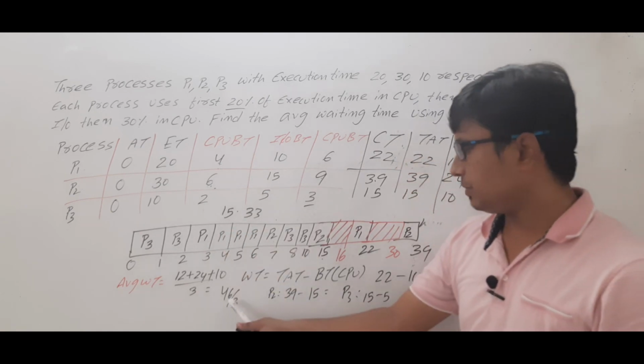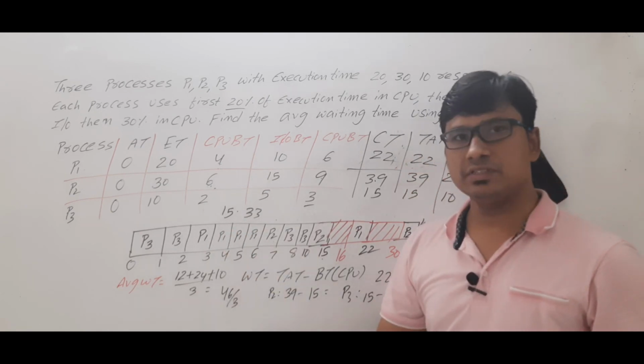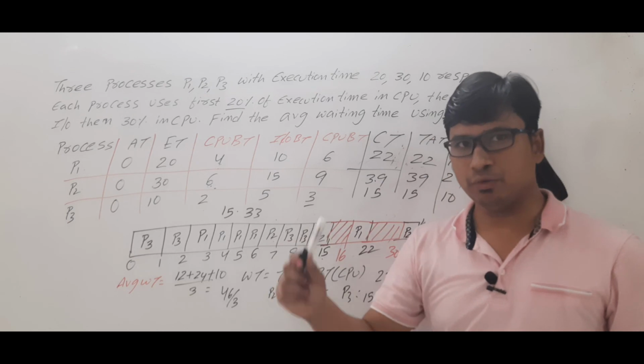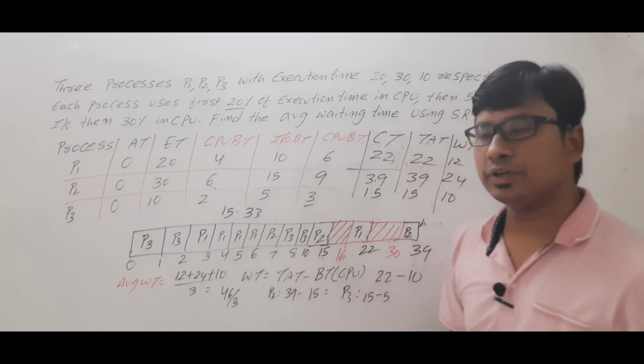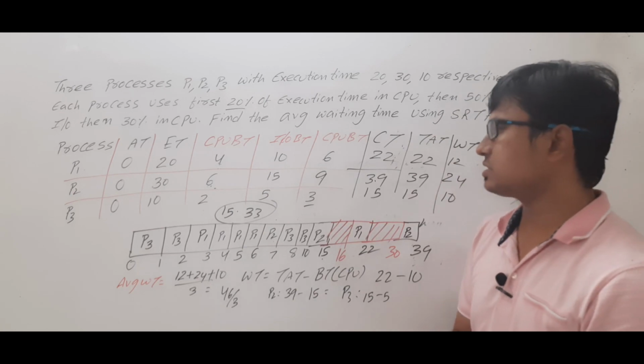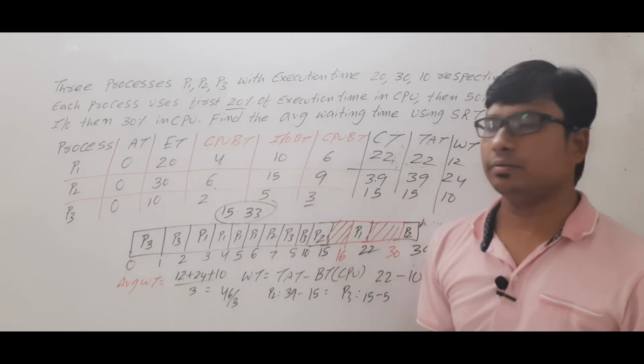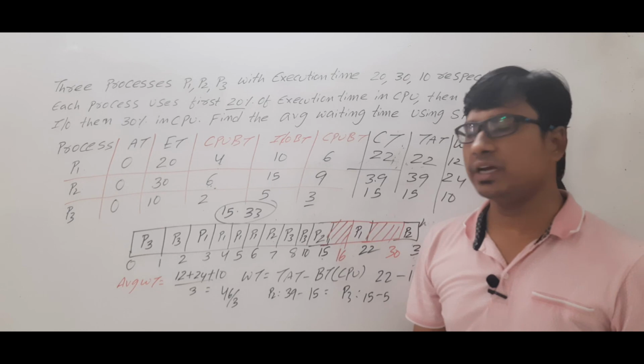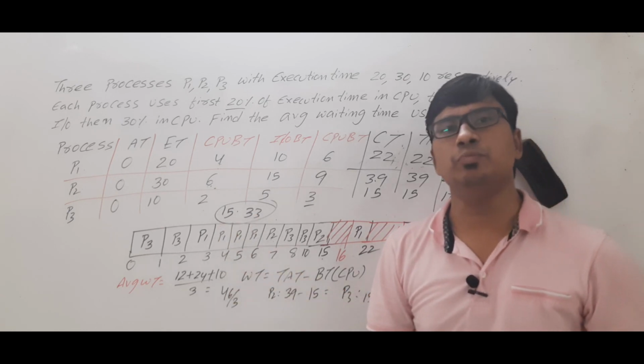Is it clear? Because 3 15s will be 45, and the remaining 1 by 3 is 0.33. So the average waiting time using the shortest remaining time scheduling algorithm is 15.33.